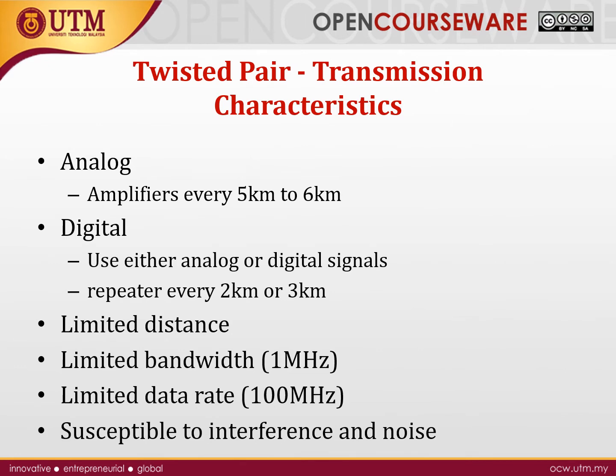And it's only for limited distance, limited bandwidth, and limited data rate. So we should consider the transmission characteristics before we decide that it's the appropriate guided media that we are going to use.